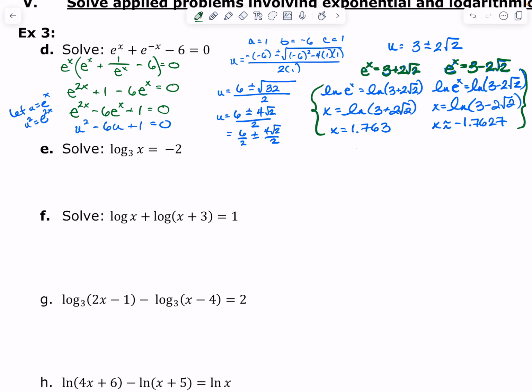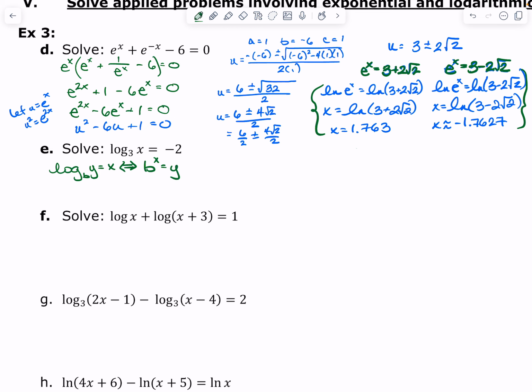Now for E, sometimes when we look at these, we want to make them more complicated than we are. This is a log base 3 of x equals -2. There's not anything that's going to be straightforward. But if I remember this, log base b of y equals x, that's the same as b to the x equals y.